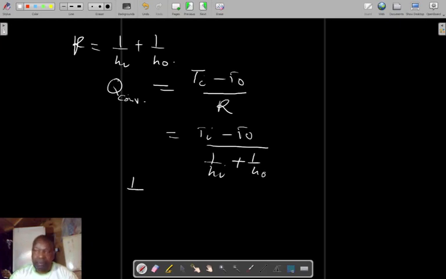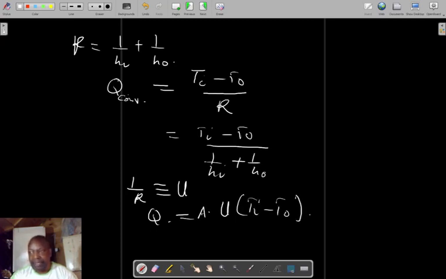Now 1 over R is referred to as the overall heat transfer coefficient, such that our Q is equal to the area times the overall heat transfer coefficient times Ti minus To. So U here is equal to 1 over R, and 1 over R is equal to 1 over hi plus 1 over ho.